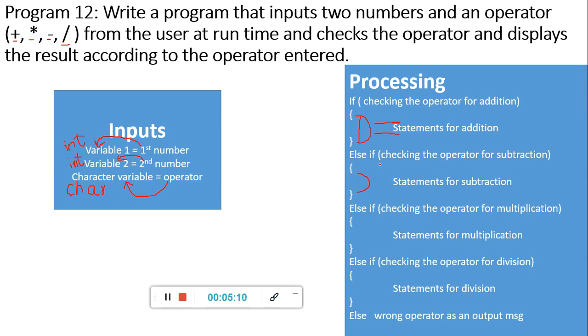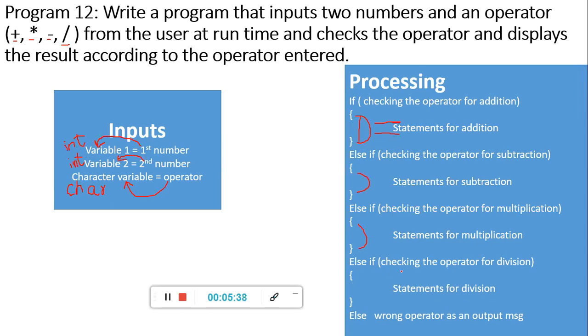If the user hasn't entered hyphen, we will check for star. If the compiler encounters the star operator, that will be checked in the third else if, and the multiplication statements will be in this block of the third else if.